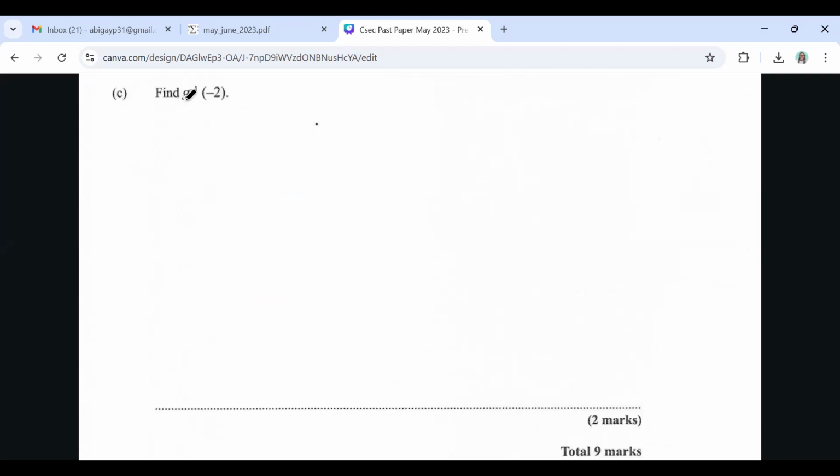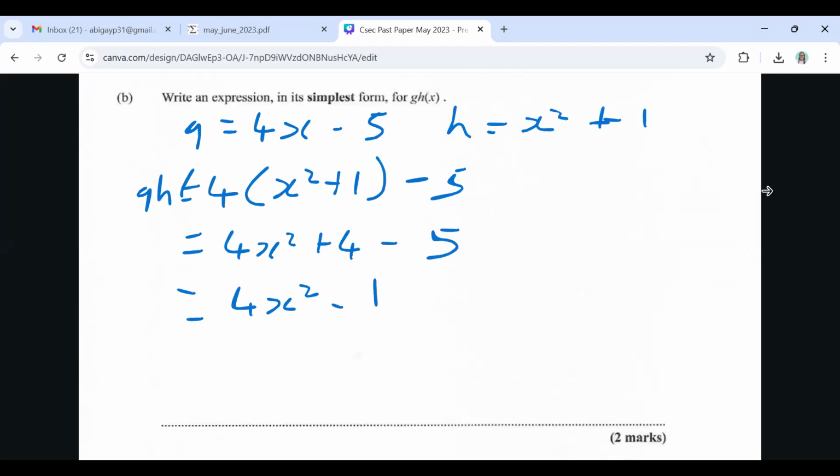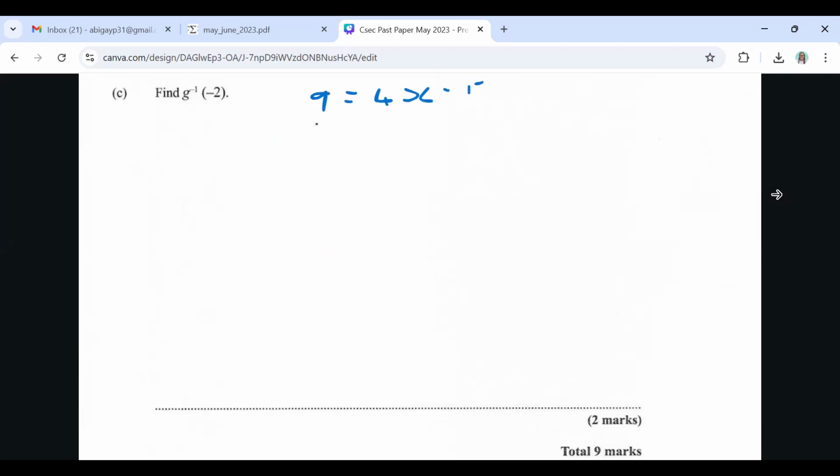All right, so find g inverse. First, you're going to know what g is. g is 4x minus 5. So you're going to find the inverse.